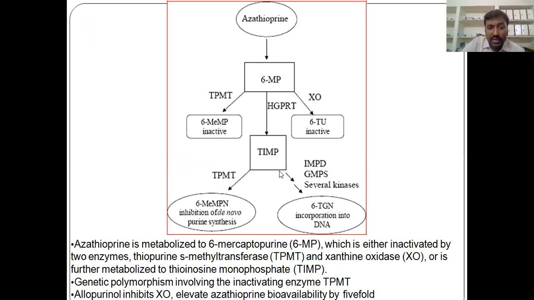But when it is converted into thioinosine monophosphate, it inhibits de novo purine synthesis.